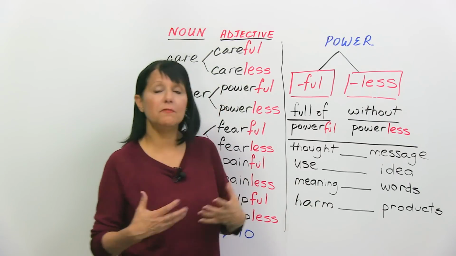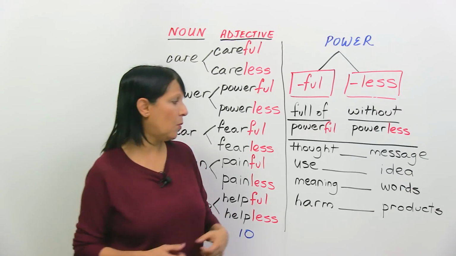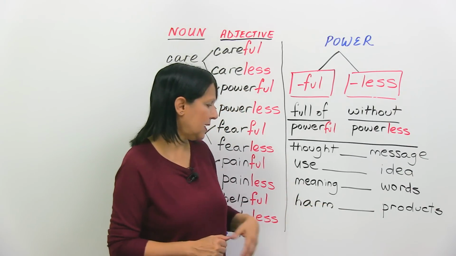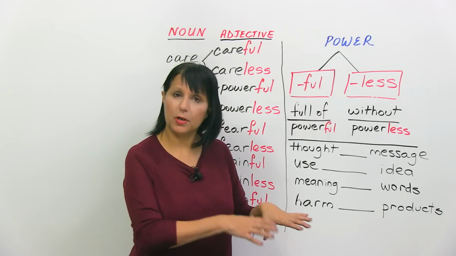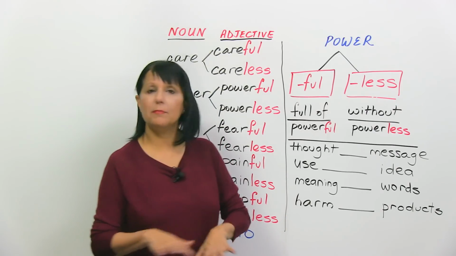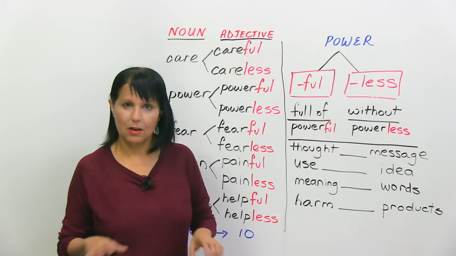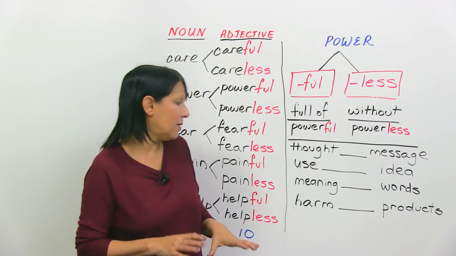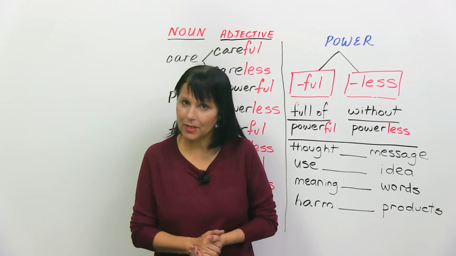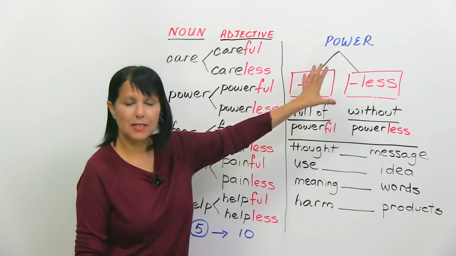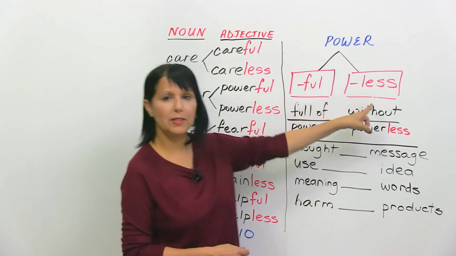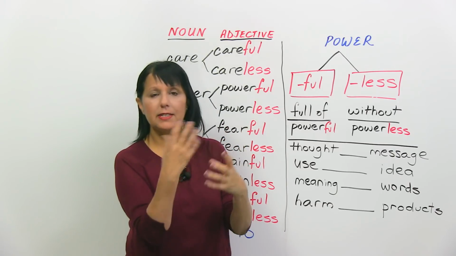We could say meaningful words or meaningless words. We could say these are harmful products or harmless products. Harmful, they cause harm, they do damage, they hurt you. Or harmless, they don't hurt you. Okay? So, you see the same pattern is being applied. Same rule. We're just adding full or less to the end of the noun.